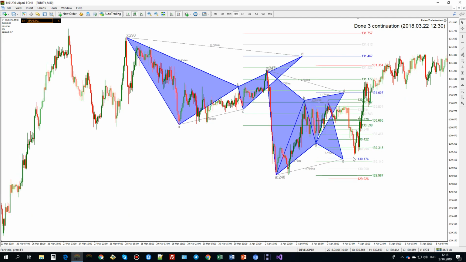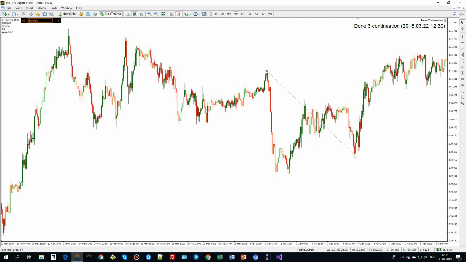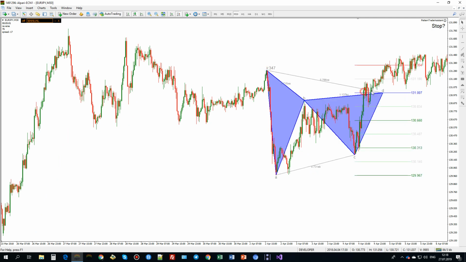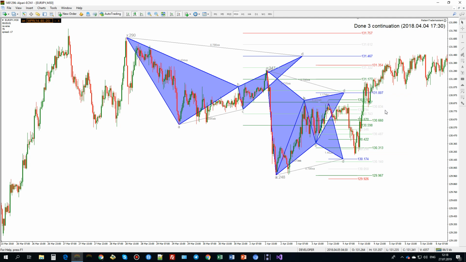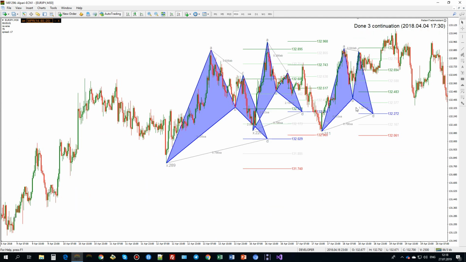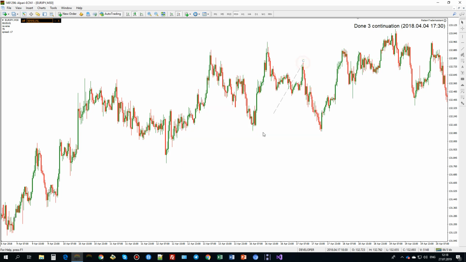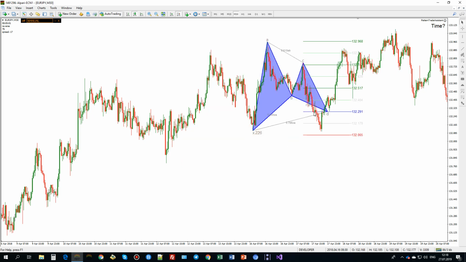Well, let me redraw this pattern. So it is 3 times loser. Then we go next. You see the C point was violated, but the pattern is still correct. It is 3 times winner.